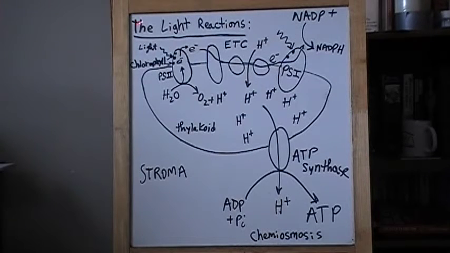Now let's take a look at the light reactions in more detail. So the light reactions are taking place in the thylakoid, and the thylakoid membrane has a number of proteins in it. The first one involved is called photosystem 2, and photosystem 2 has chlorophyll pigments associated with it.